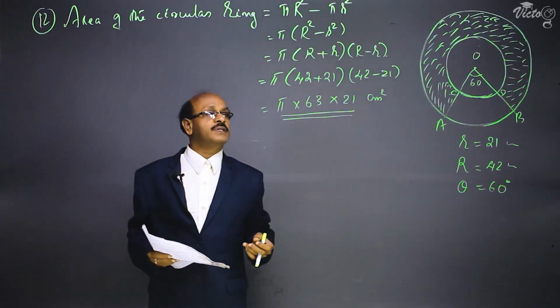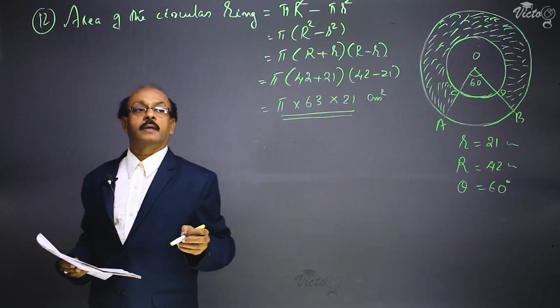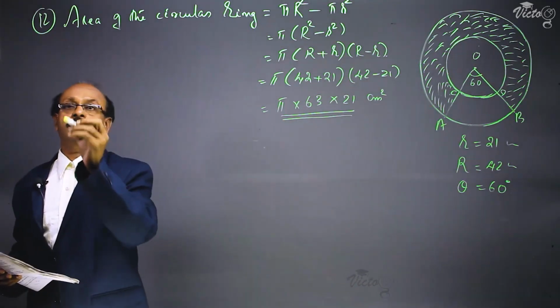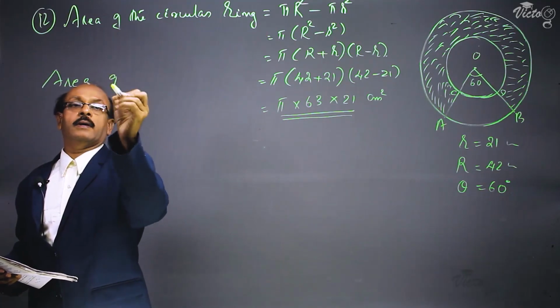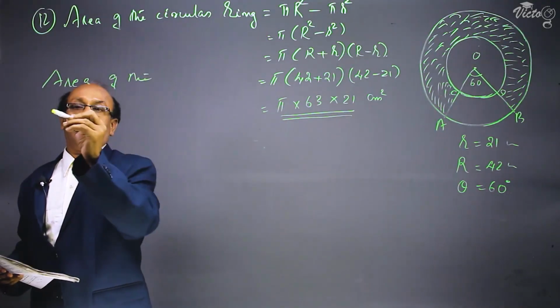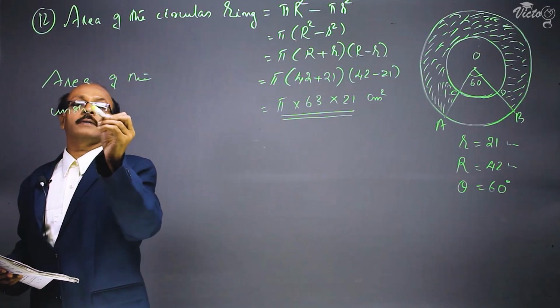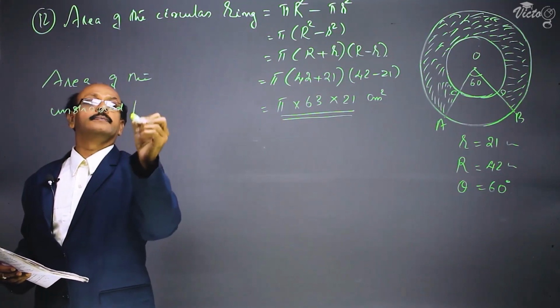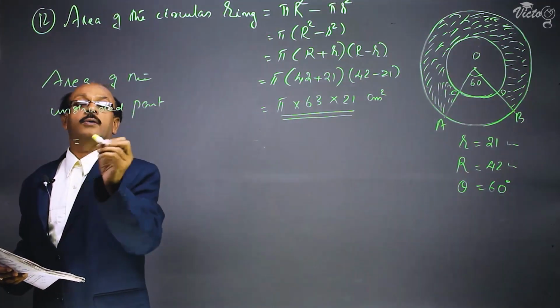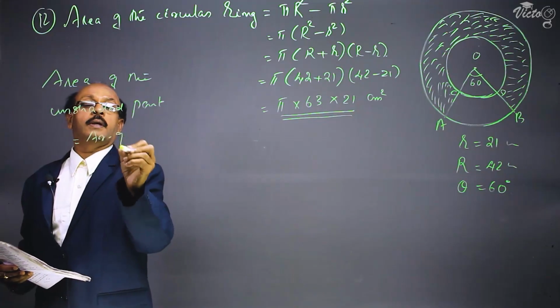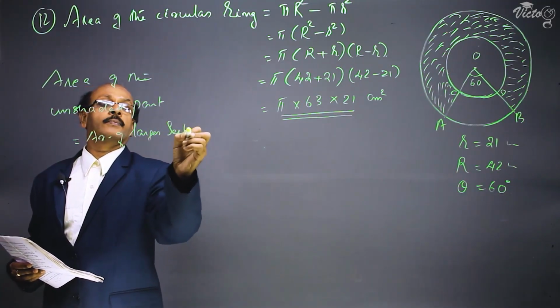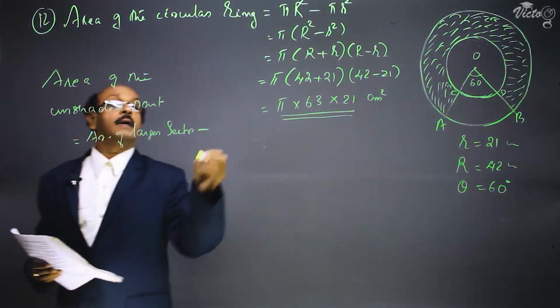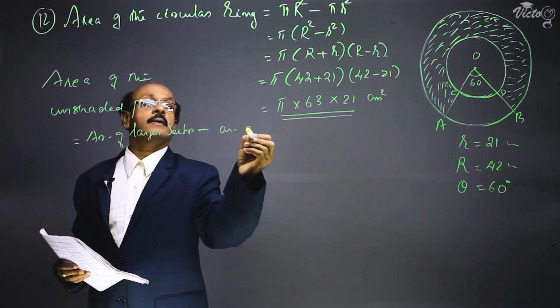Area of the unshaded part is equal to area of larger sector minus area of smaller sector.